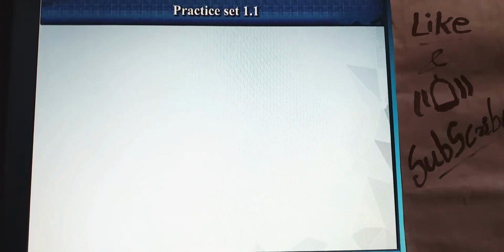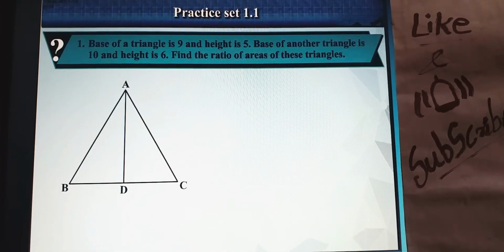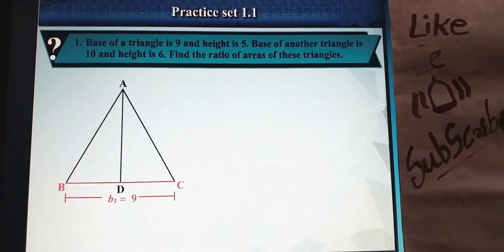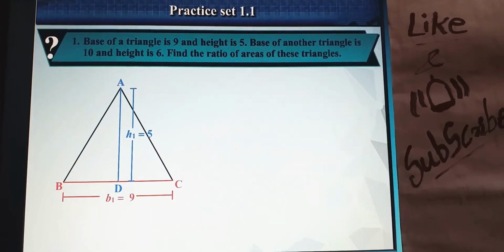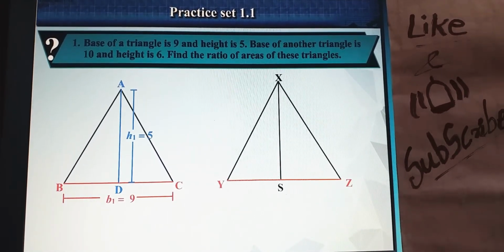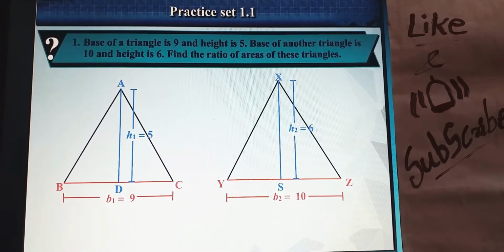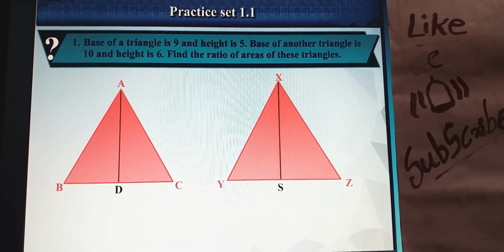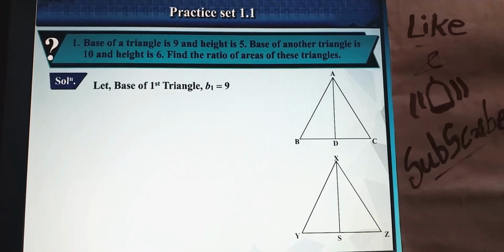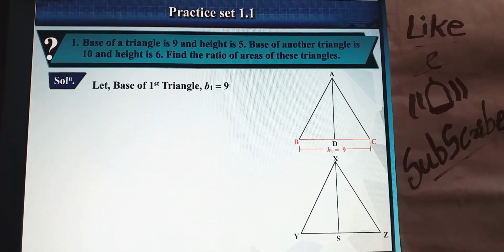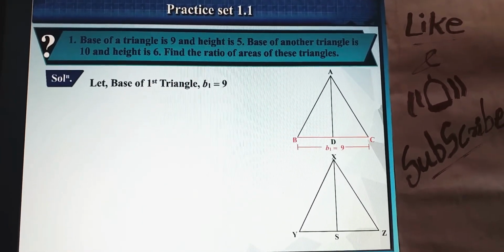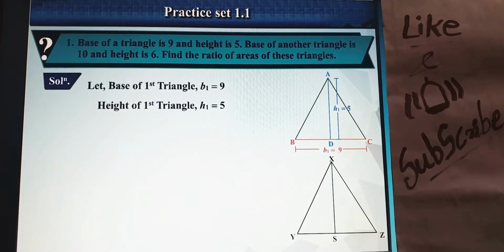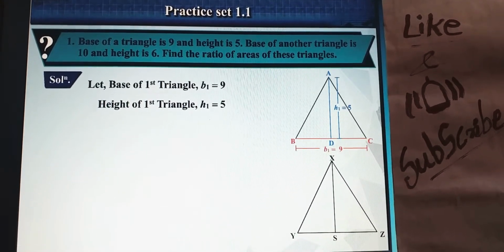Practice set 1.1. 1. Base of a triangle is 9 and height is 5. Base of another triangle is 10 and height is 6. Find the ratio of areas of these triangles. Solution: let base of first triangle B1 is equal to 9, height of first triangle H1 is equal to 5.